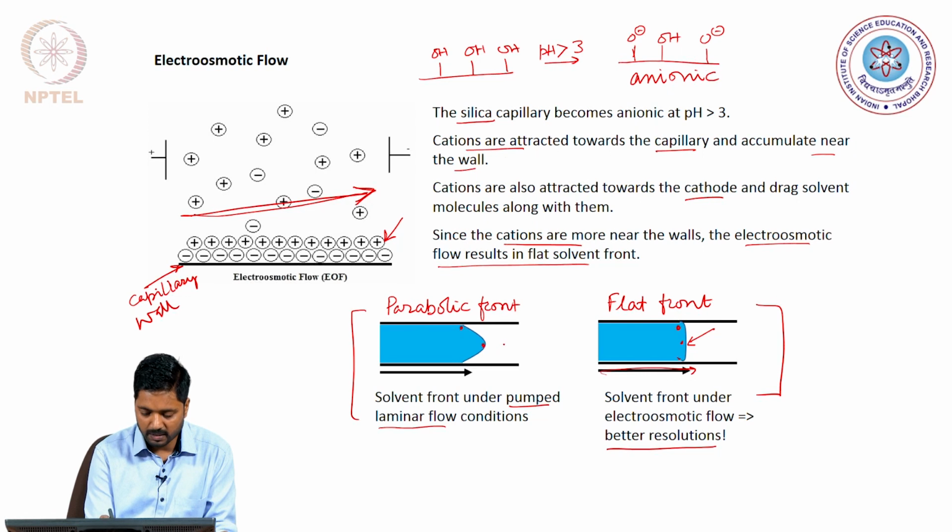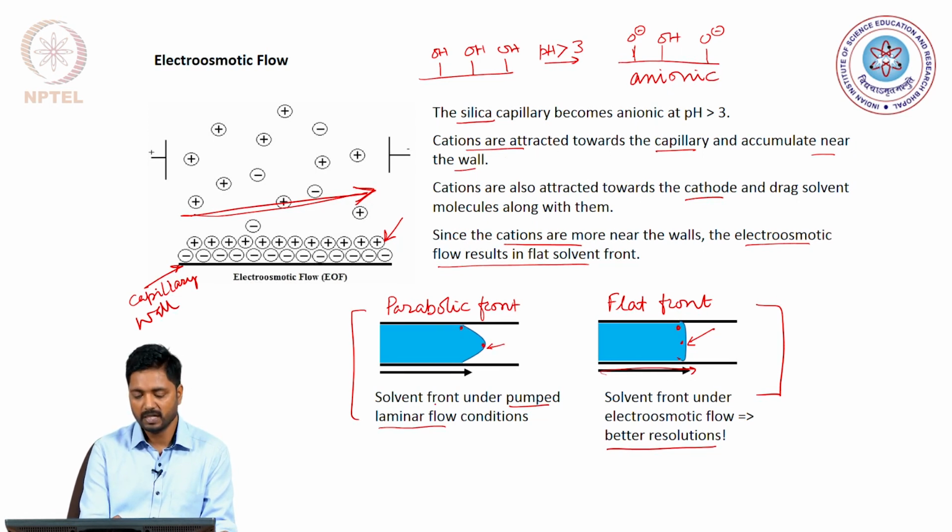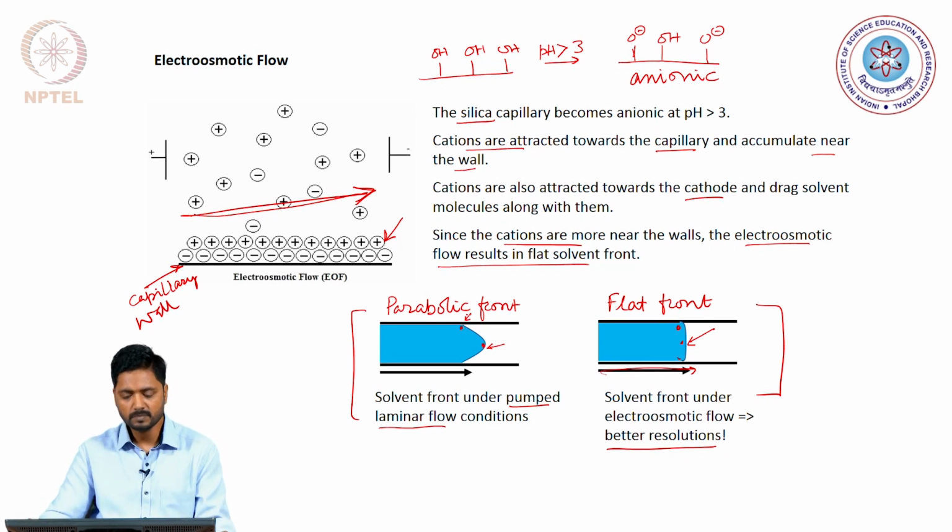The central particle is significantly ahead of the particle which is near the wall of the capillary, and this results in the solvent contributing to the spread of the band in case of pumped laminar flow conditions, and in the electroosmotic flow conditions this does not happen and results in better resolutions during electrophoresis.